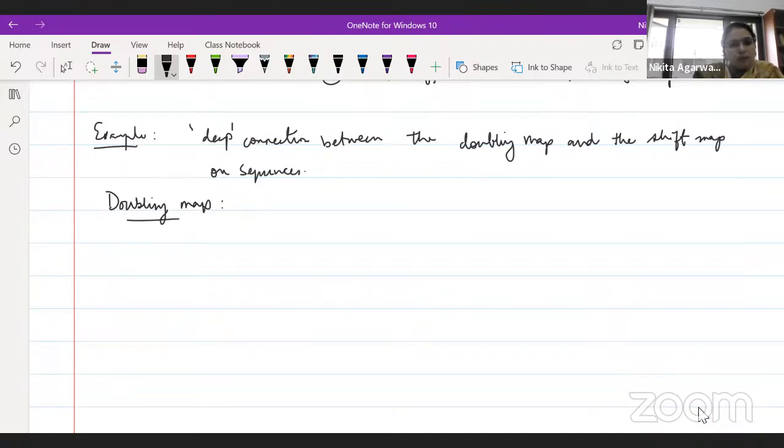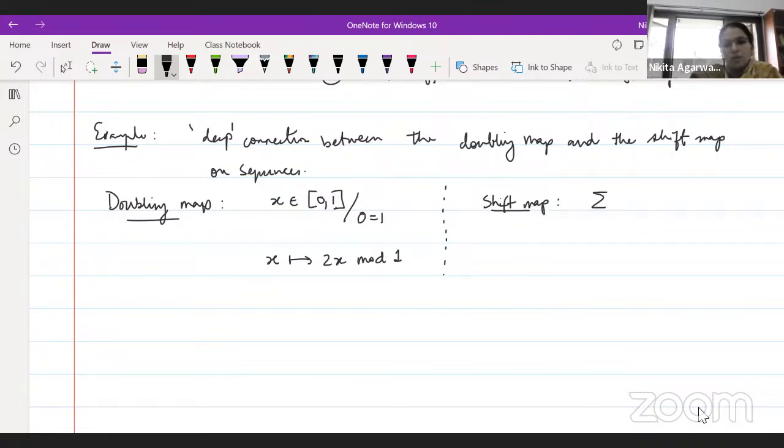So doubling map was on [0, 1] with 0 and 1 identified, and x goes to 2x mod 1. And then the shift map. Now I'm going to focus on just sigma equal to {0, 1} and X to be sigma to the n, which is sequences on 0, 1.